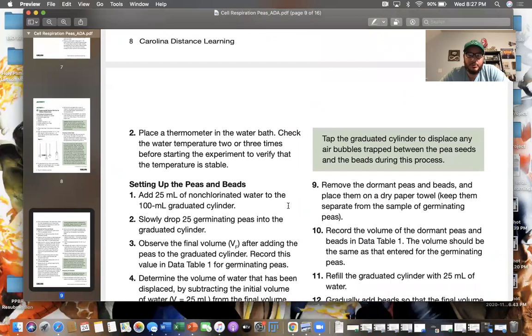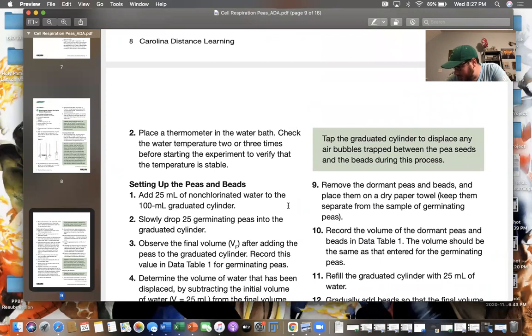Place the thermometer in the water bath. Check the water temperature 2 or 3 times before starting to experiment to make sure that it's stable. So I have to find where I put my thermometer. There we go. So temp wise, I'm pretty good.